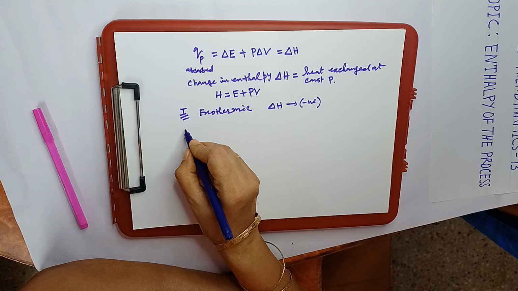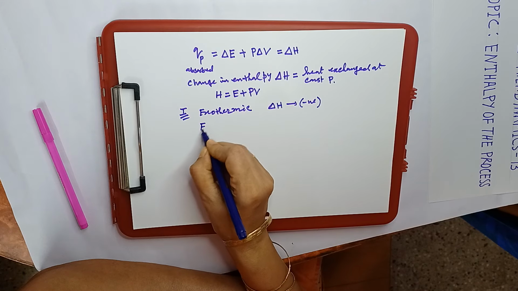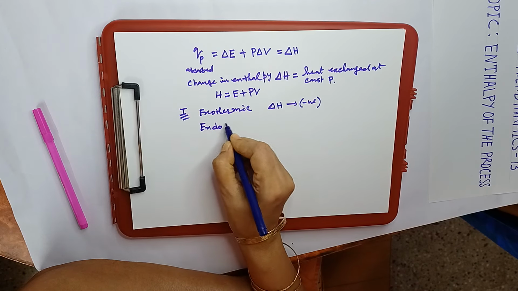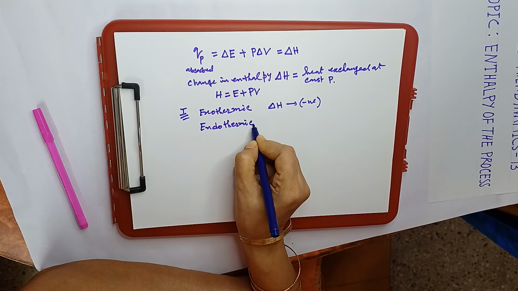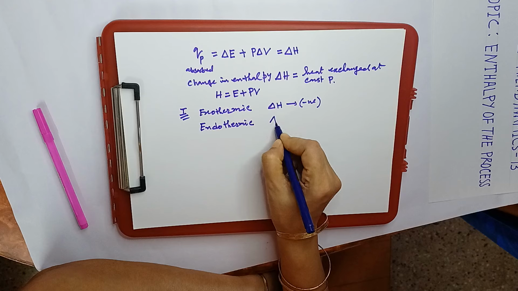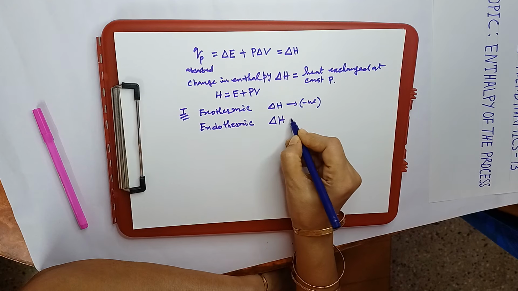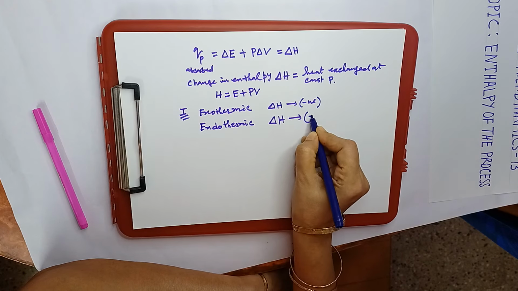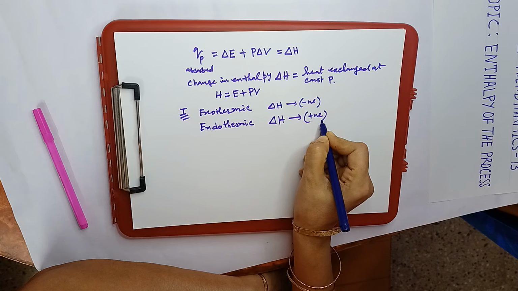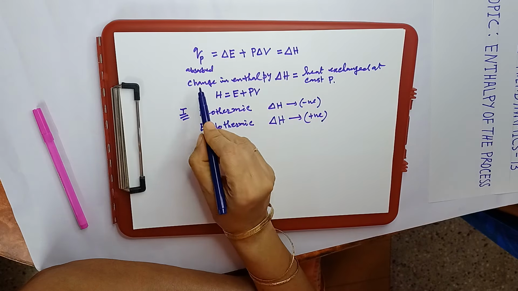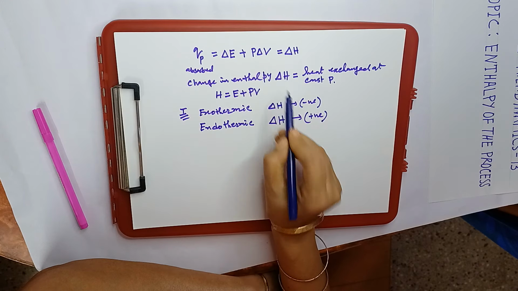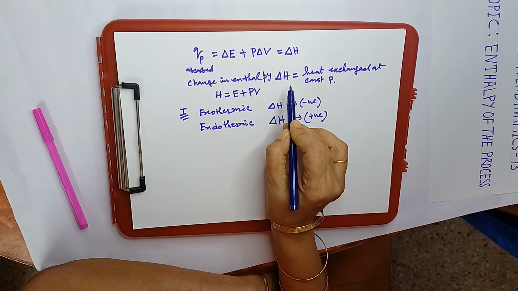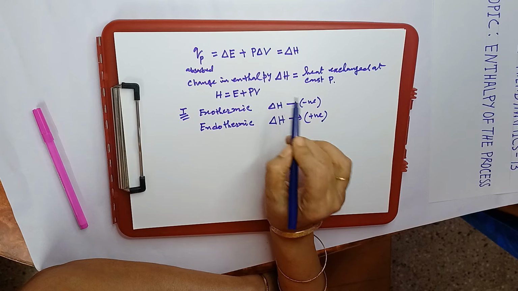Or if heat is absorbed, that means endothermic. If the process is endothermic or heat is absorbed, then change in enthalpy delta H will be positive. So heat absorbed or heat released at constant pressure is equal to the change in enthalpy of the gaseous system.